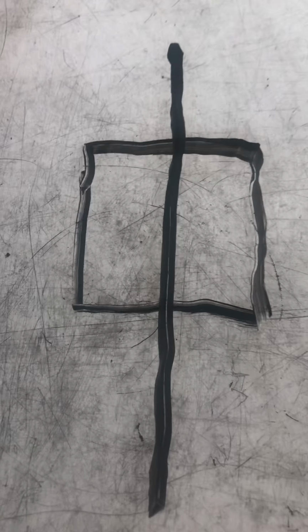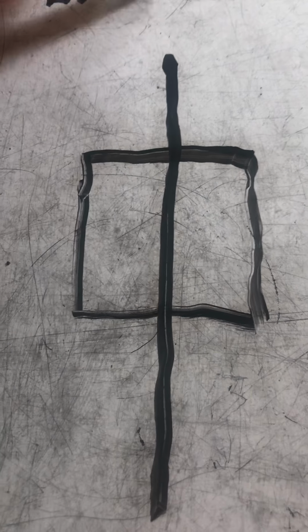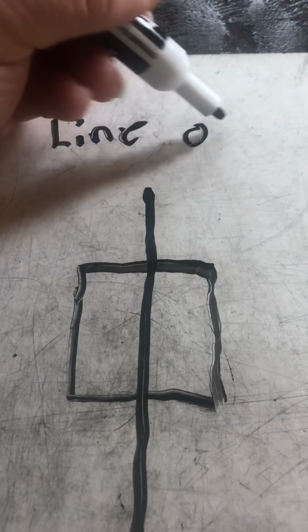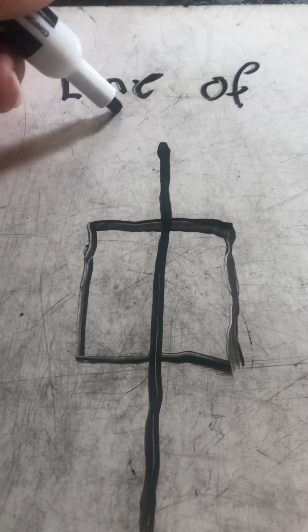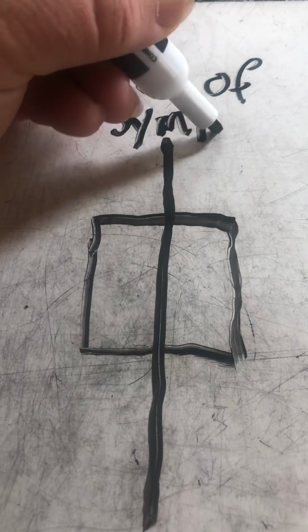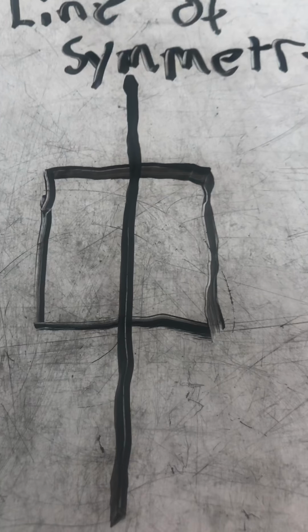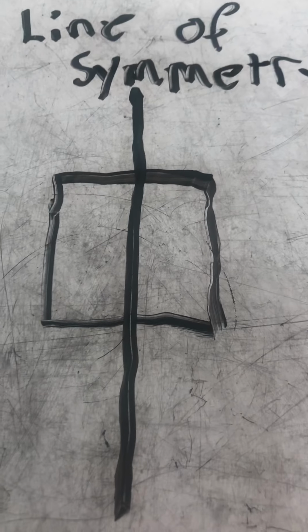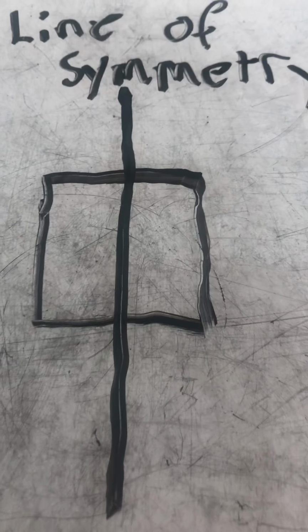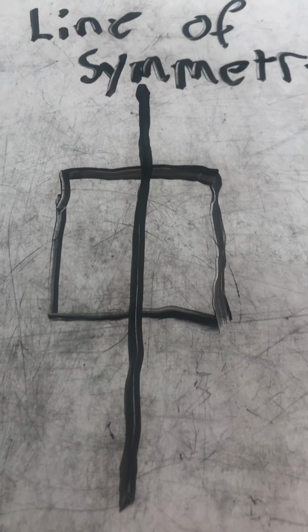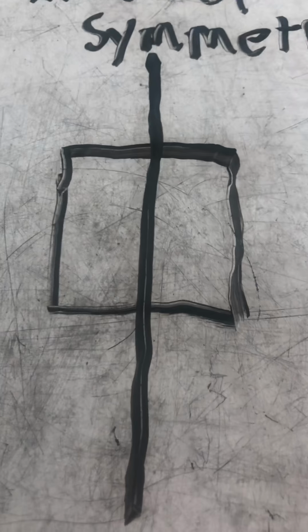We call this a line of symmetry. A line of symmetry cuts something directly in half, and it's like it folds over on itself, like a mirror image, not a copy.